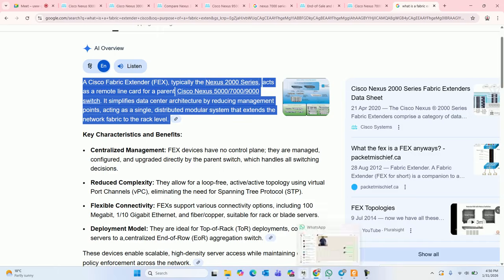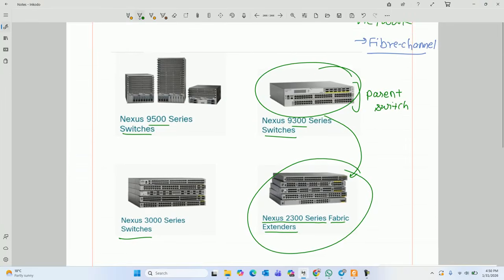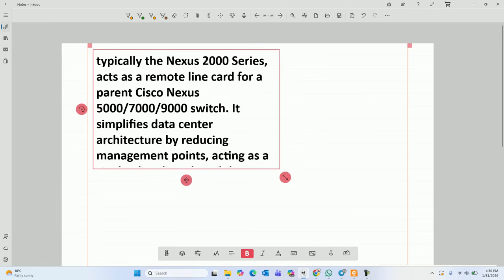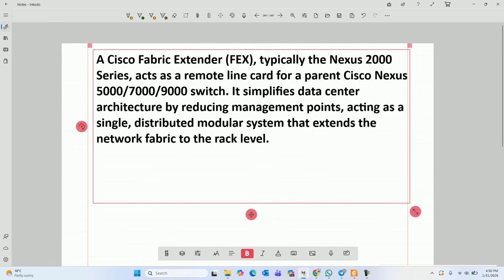And mostly these switches are used as top of rack also. These switches are used to simplify the cabling structure, guys.